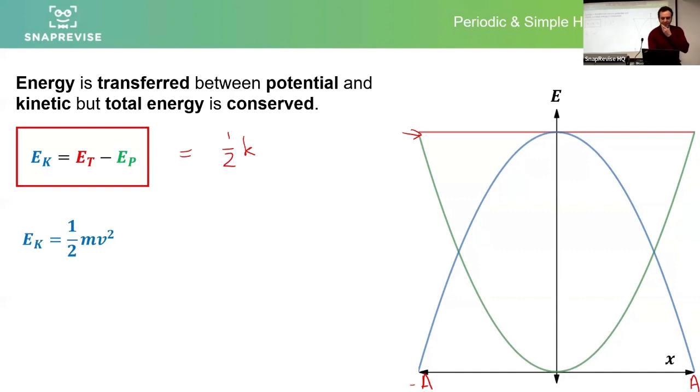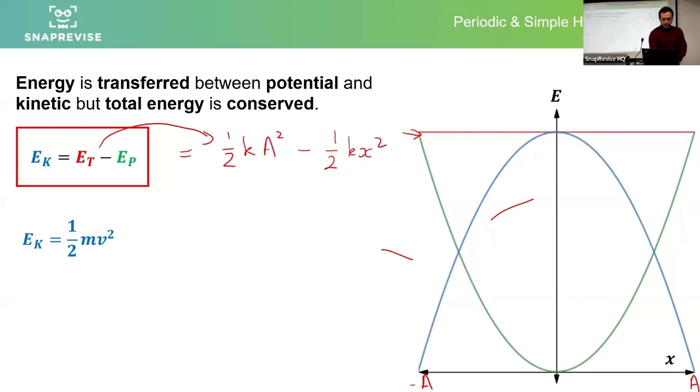It's half kA squared at its maximum. Therefore, mathematically, half k and A are all constants. That is going to be our numerical value for the total energy. And you subtract from that half kx squared. And there's an alternate expression for your kinetic energy.